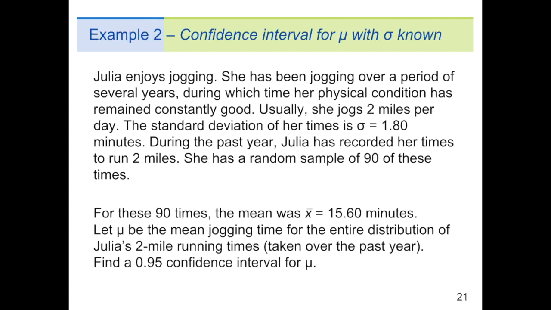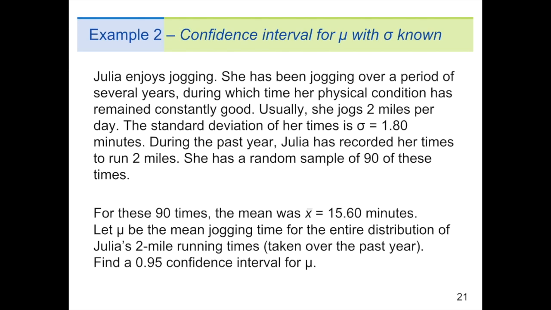Julia enjoys jogging. She has been jogging over a period of several years, during which time her physical condition has remained constantly good. Usually she jogs 2 miles per day. The standard deviation of her times is sigma equals 1.8 minutes. During the past year, Julia has recorded her times to run 2 miles.